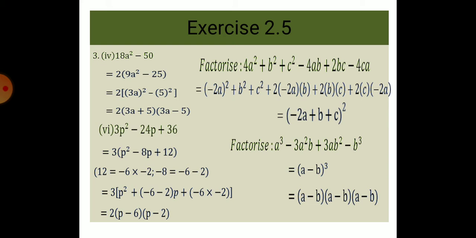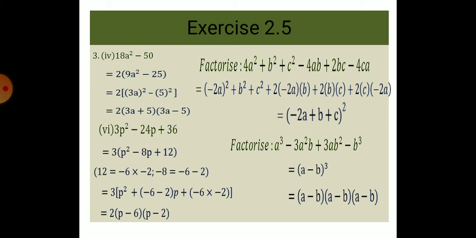So this is the factorization. In the factorization, you have to observe the question properly. Before observing, all of you should learn by heart all the identities. If you know the identities properly, then only you can understand the given product, which form it is in.